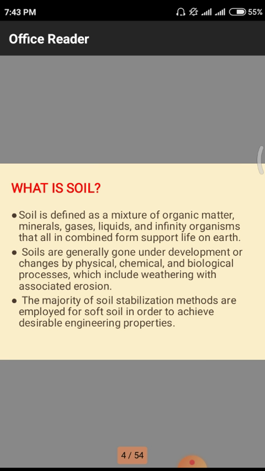After that we use different chemical components for stabilization of the soils. Those things we call soil stabilization.